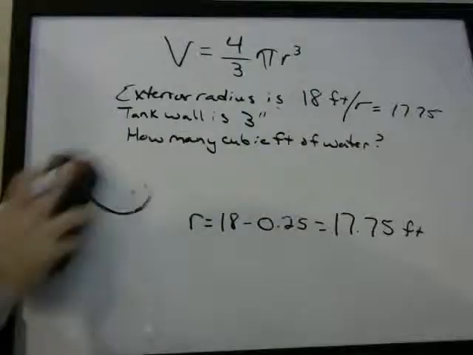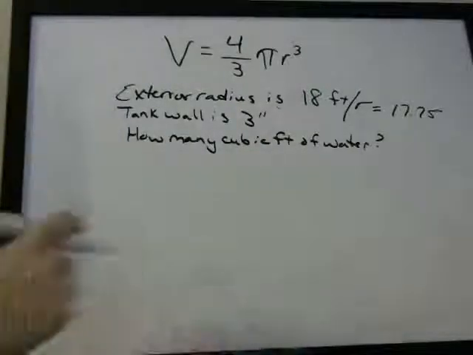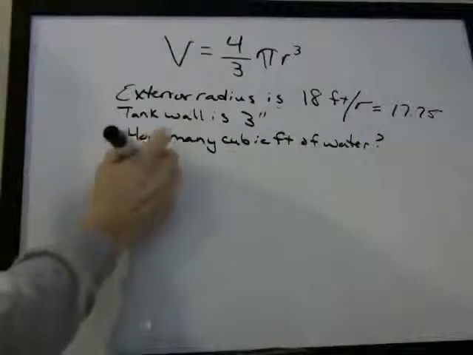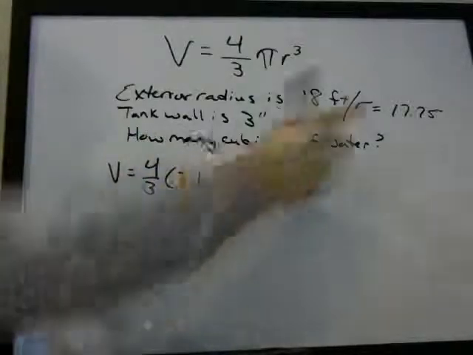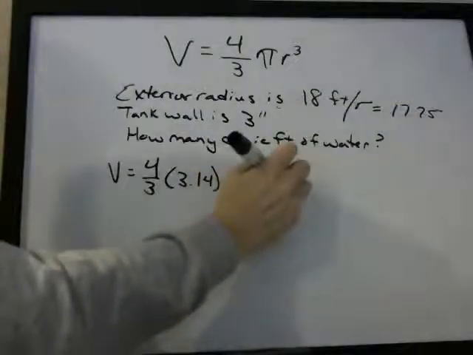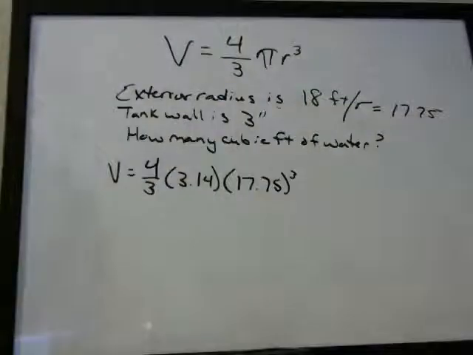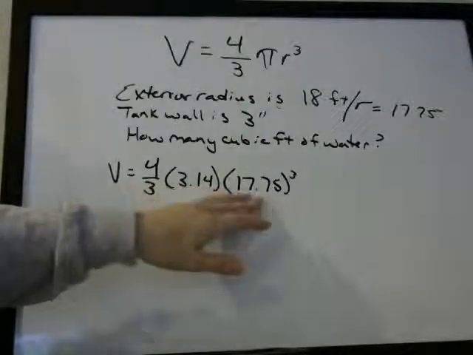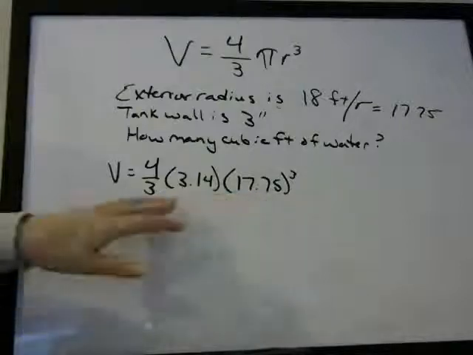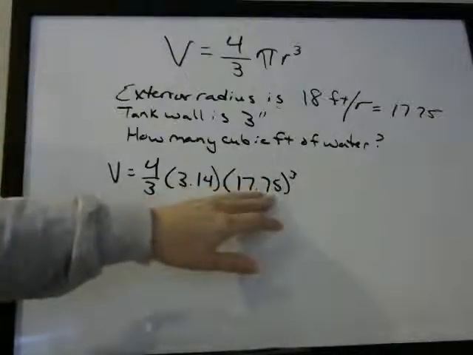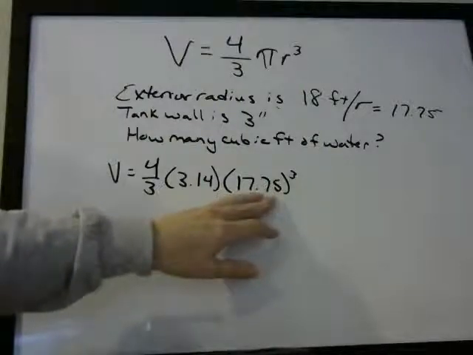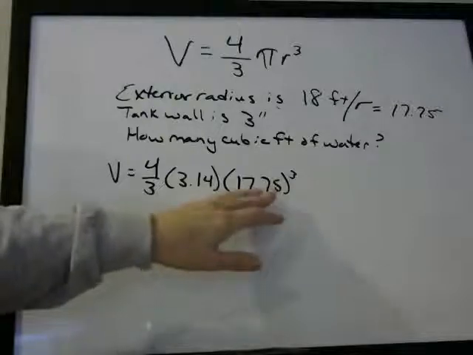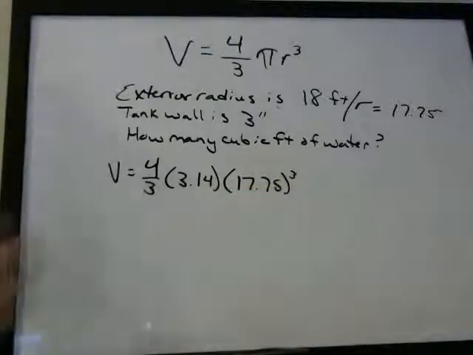Okay, so now that we have a radius, we can solve this problem. Volume equals 4/3, pi is 3.14, times 17.75 cubed. We just do the same thing. This is more computationally extensive, but it's the same formula. So you plug 17.75 times 17.75 times 17.75 into your calculator because that's what 17.75 cubed means.